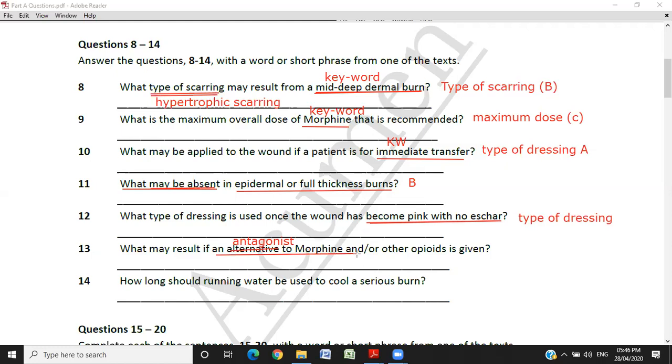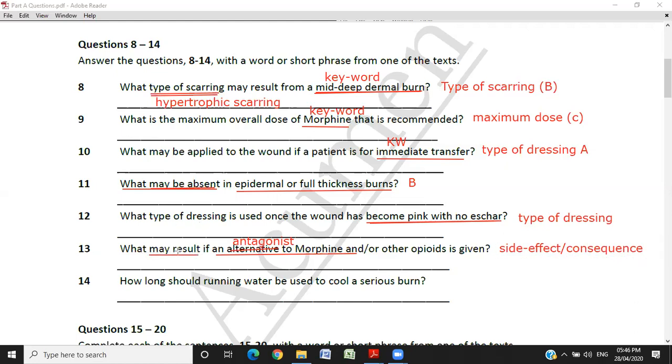Okay. And what type of information am I looking for? I'm looking for side effect, or I'm looking for consequence. What type of word should I find out? Consequence, because it is already given that antagonist is given. It is not asking what kind of antagonist, it is asking what may result.